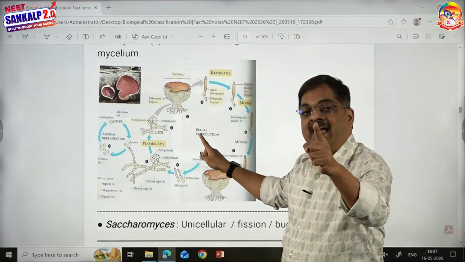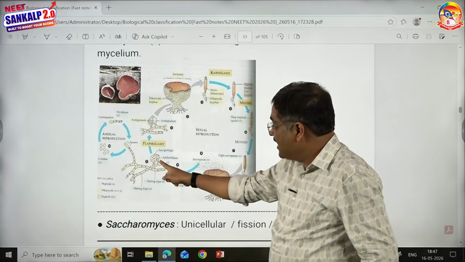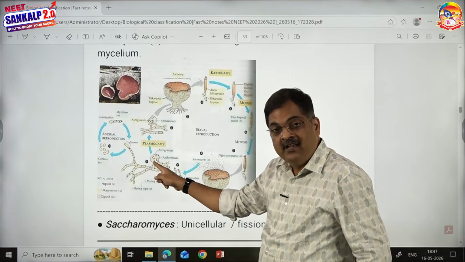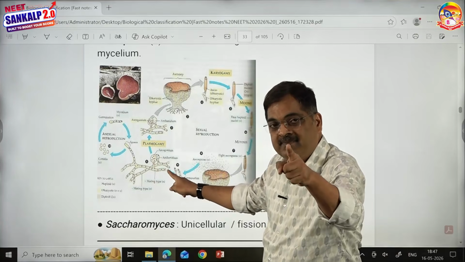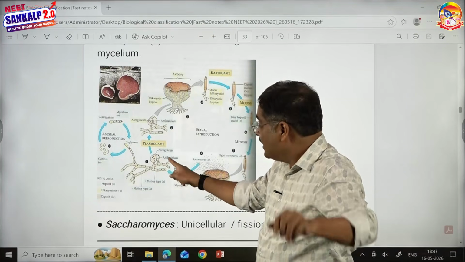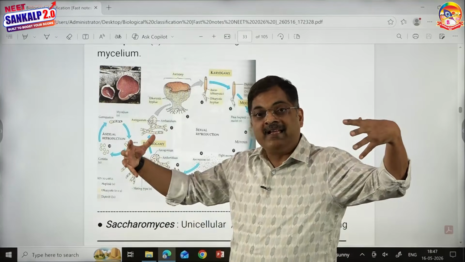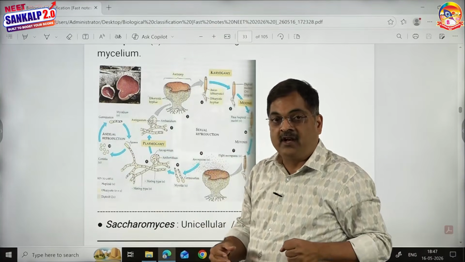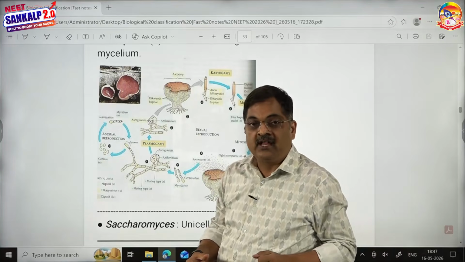Now in those cells, the two nuclei fuse. Actually, the nuclei should fuse here in between antheridium and ascogonium, but only protoplasm is fusing, not nuclei. Dikaryotic cell is formed, no fusion. Dikaryotic mycelium is formed, no fusion among nuclei. Cup-like mushroom is formed, no fusion among the two nuclei.